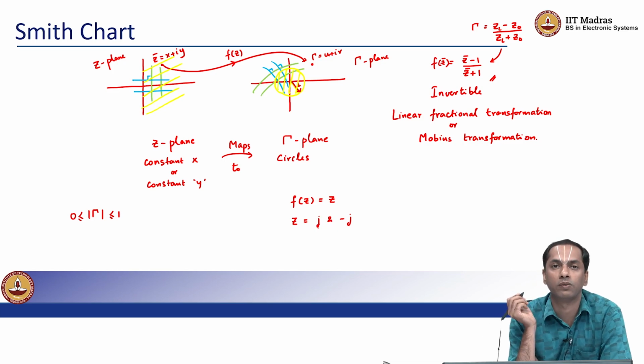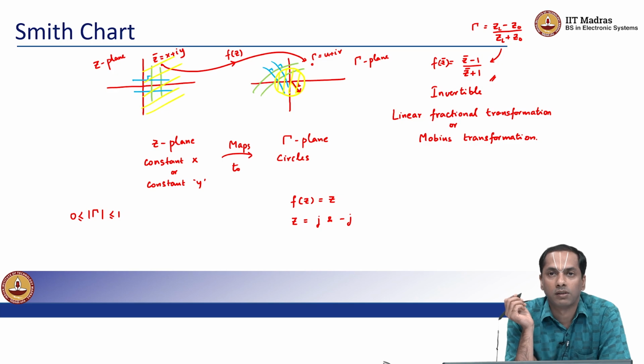So these are the two fixed points of this transformation, but all other values will map correspondingly according to this.